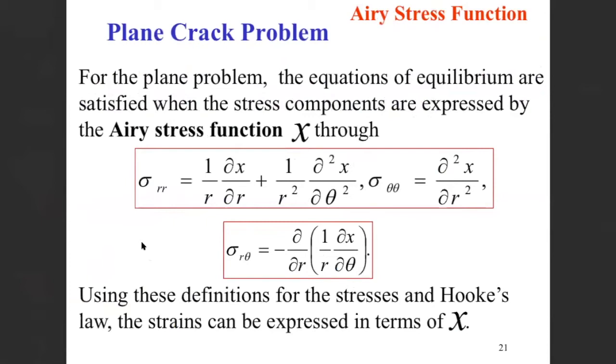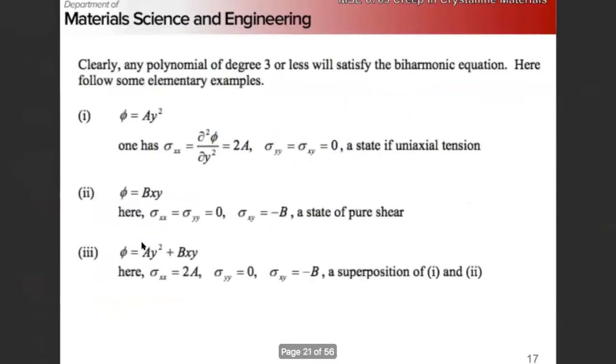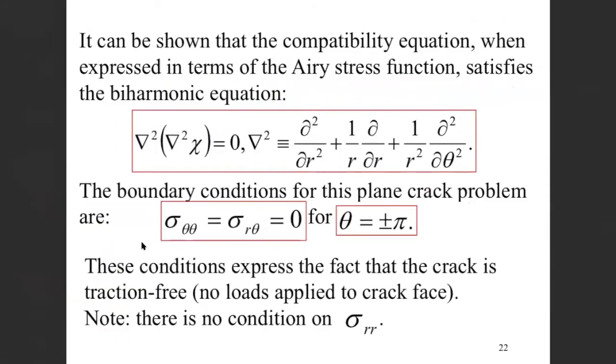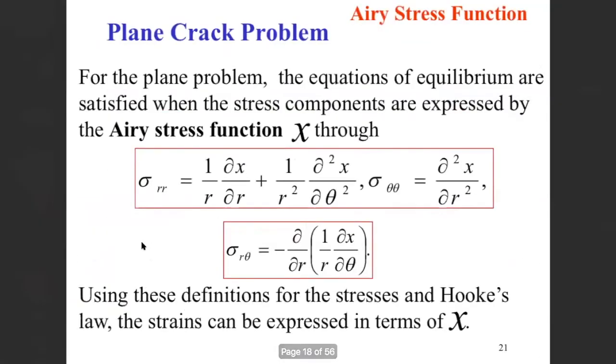In terms of polar coordinates, the derivatives of our Airy stress function are related to our stress components by this set of equations.